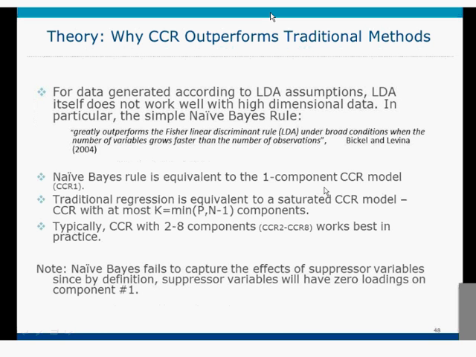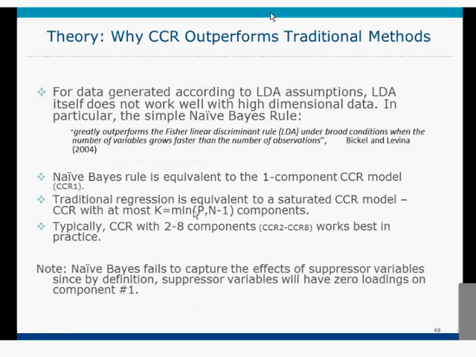Why? Because it imposes regularization. Now, it's imposing quite a bit of regularization. Traditional regression is equivalent to a saturated CCR model. So traditional linear discriminant analysis is equivalent to a CCR model with K equal to P components.